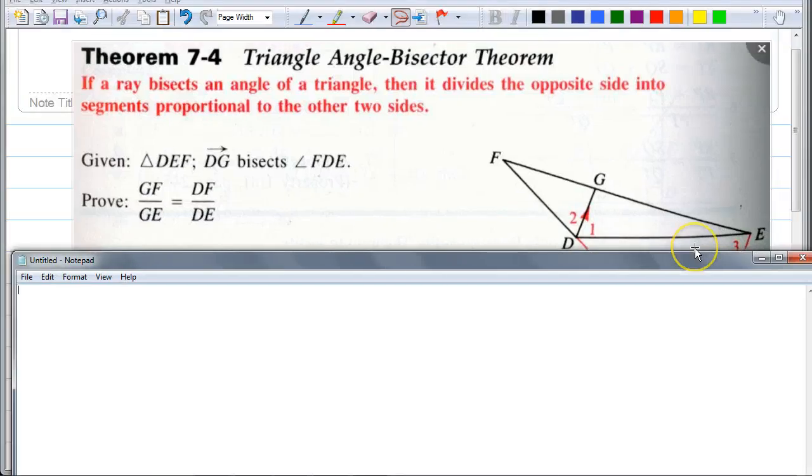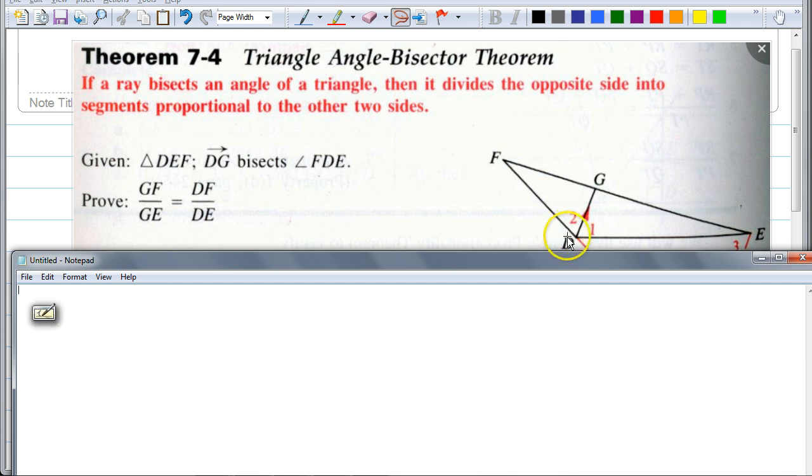Okay. So Jonathan, what do you think this is saying here? If a ray bisects an angle, by the way, which ray are they talking about? That's right, DG. You'll see how DG is bisecting that angle D? Yes. Okay, and so it bisects. So what's the result if that happens? Right.